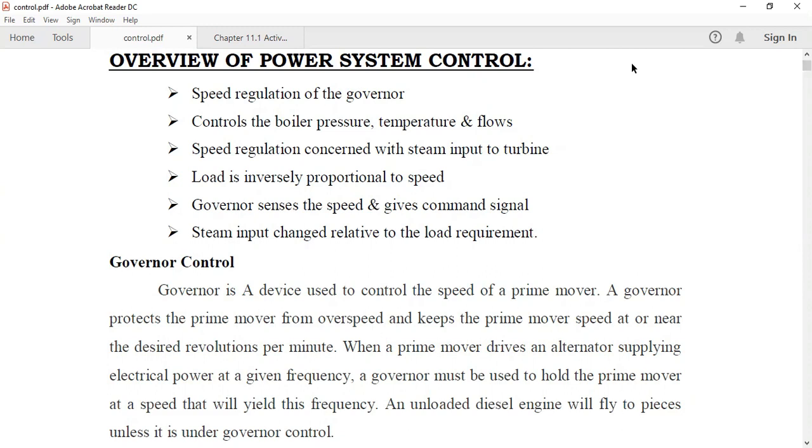Though we have some devices to control the voltage, like capacitors, synchronous condensers, even reactors, and static var compensators in the system, which help us regulate the voltage of the power system. Throughout the syllabus of power system operation and control, we will see all these controls in detail.